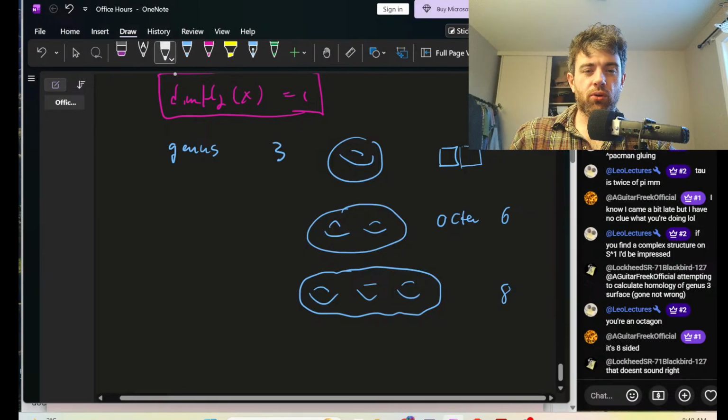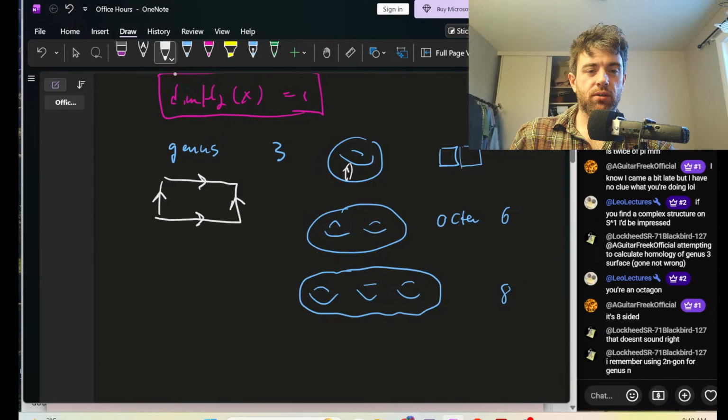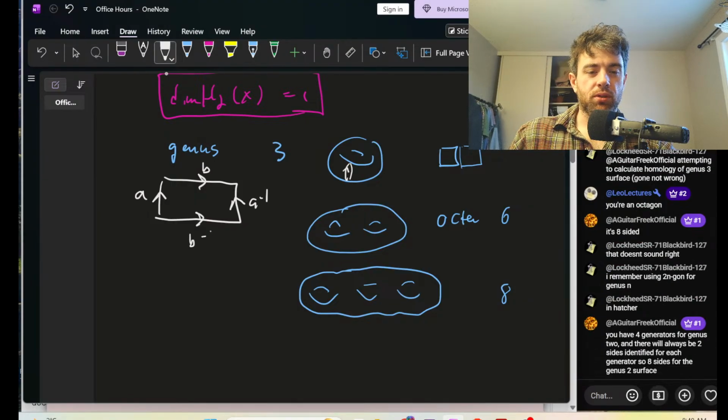Right. So, let me see. The gluing of the torus. So the torus is, we have an arrow, two arrows. All the arrows point in the same direction. Is that right? Yes. Okay. So now I'm going to glue it together in pieces. So let's call this A, B, A inverse, B inverse, right?